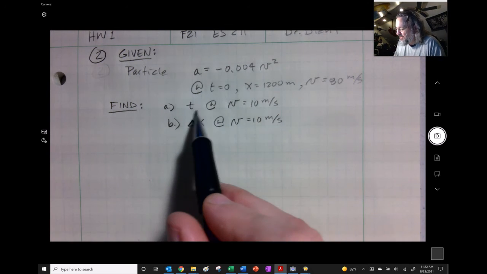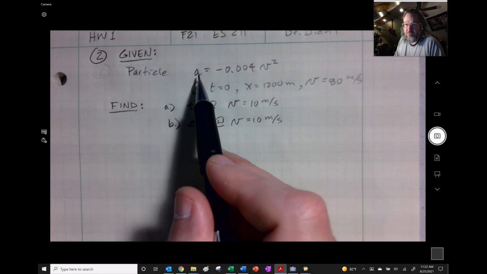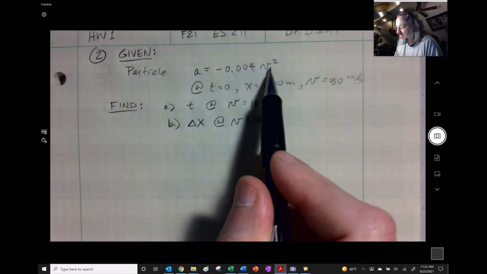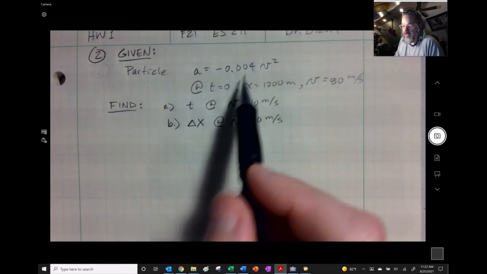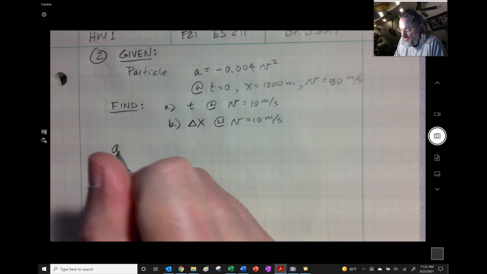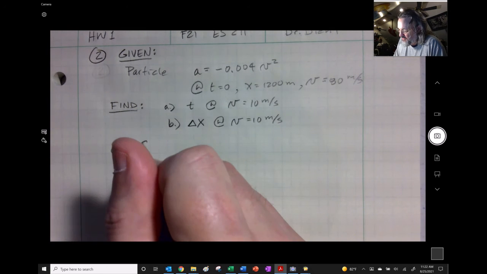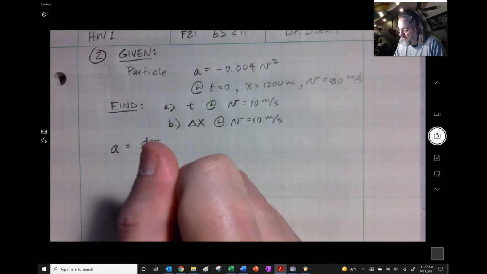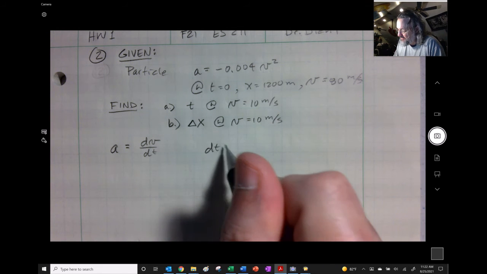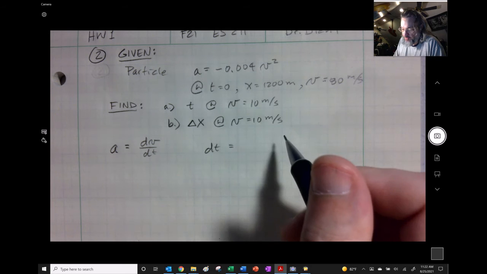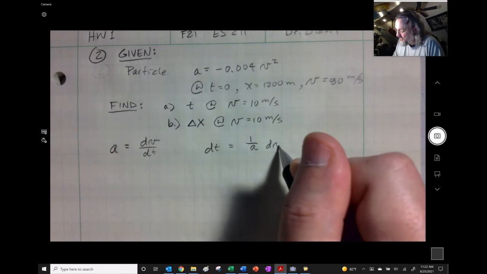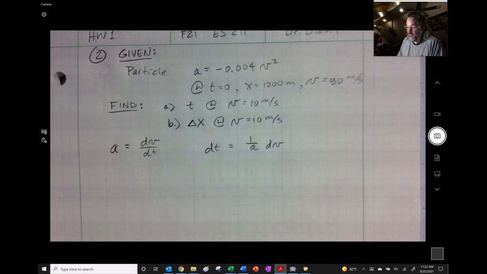So for this first one, we know that this is case 3, as we've described it before, because acceleration is a function of velocity. Here we want to find time. If that's the case, then we're going to use acceleration is dv dt, right? We'll break it apart and rearrange it to say that dt is equal to 1 over a dv, right?